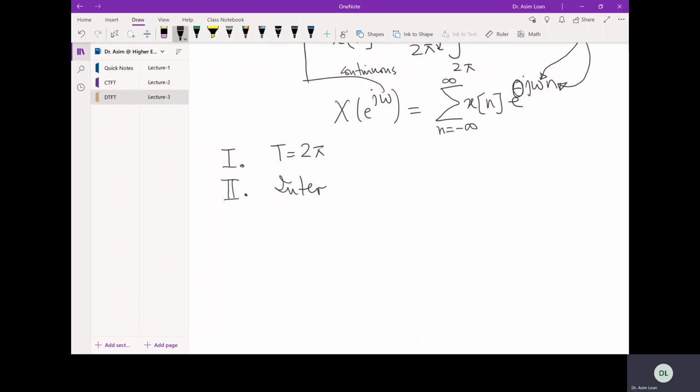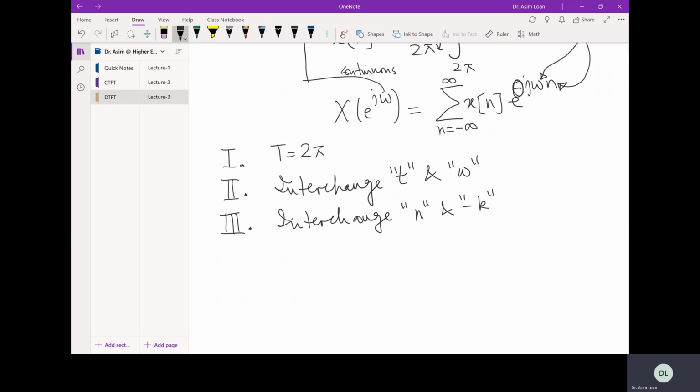Interchange t and omega. And the third one is interchange n and k, and maybe the fourth one, replace k by minus k.